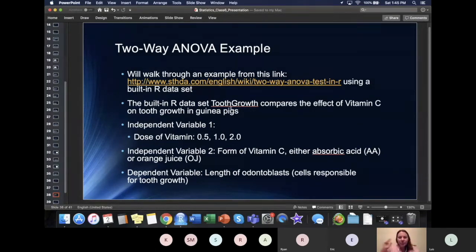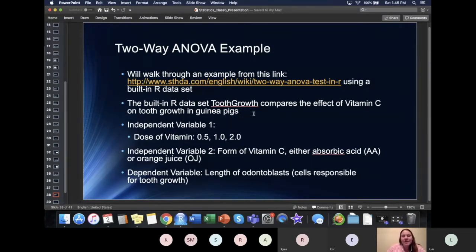It's called ToothGrowth. It's a little bizarre, to be honest, but they put it in there specifically to show how to use this kind of test. So with that data set, ToothGrowth, we are comparing the effect of vitamin C on tooth growth in guinea pigs. No idea why they included this, but it was kind of a fun example, something that none of us probably know anything about.